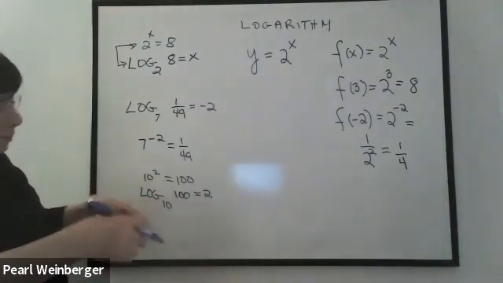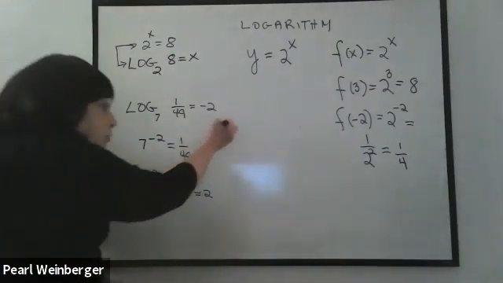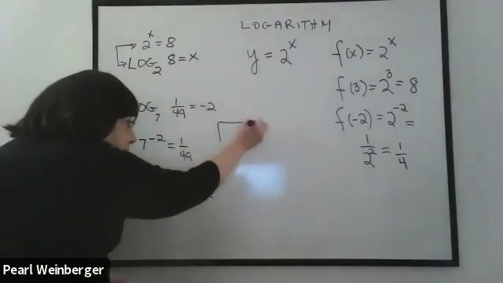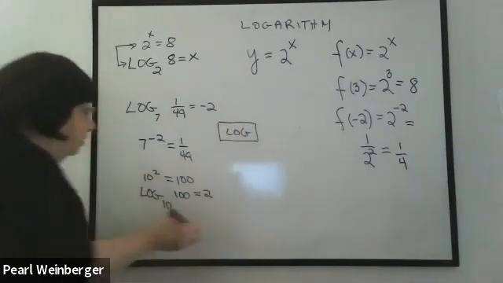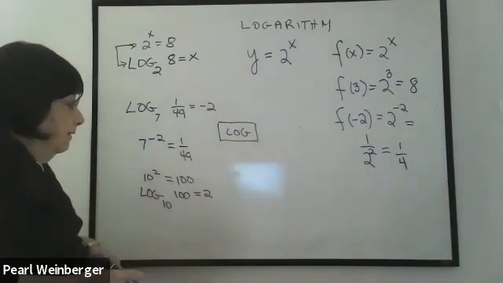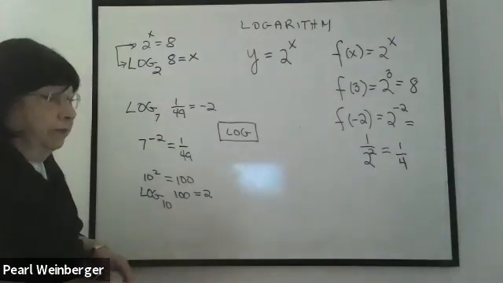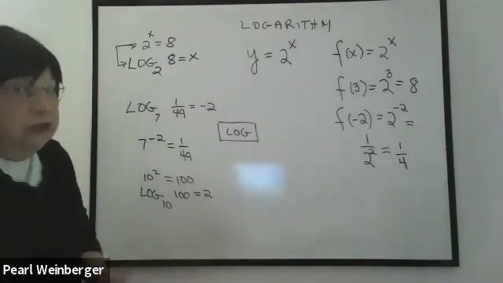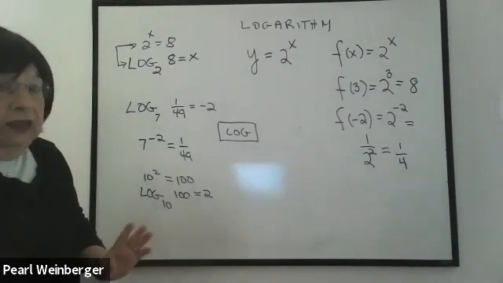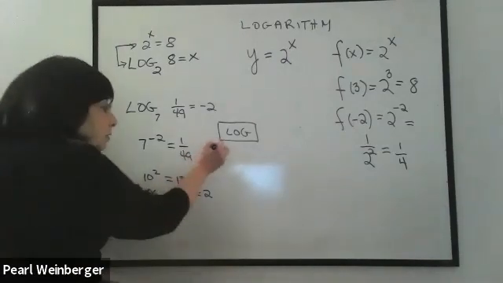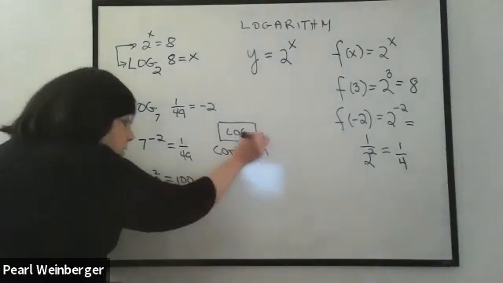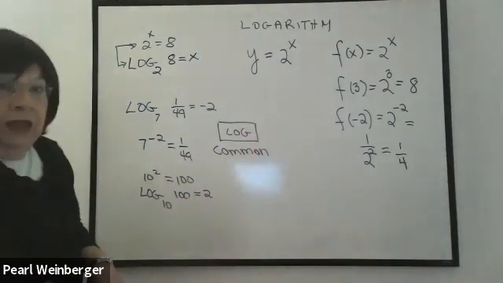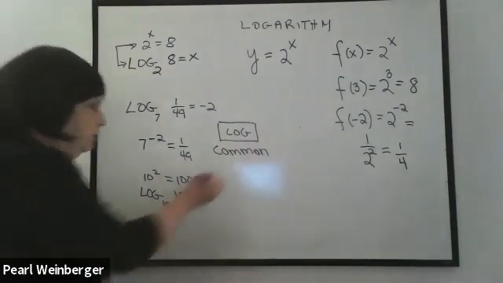By the way, you might notice on your calculator that there is a button that says log. That button is not just any log. It's something called a common log, or a common logarithm, and it means that the base equals 10.